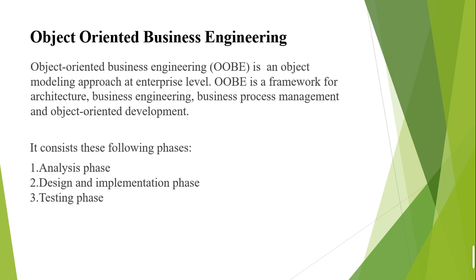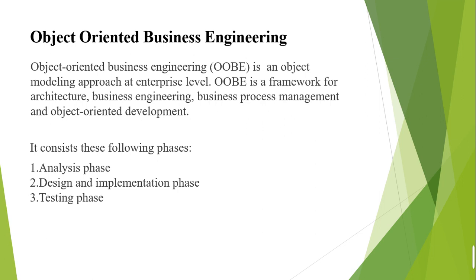Next, I'm coming to object-oriented business engineering. Object-oriented business engineering, or OOBE, is an object modeling approach at enterprise level. It is a framework for architecture, business engineering, business process management, and object-oriented development. It consists of the following phases: analysis phase, design and implementation phase, and testing phase.